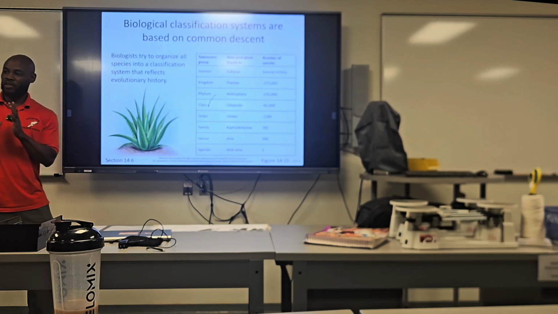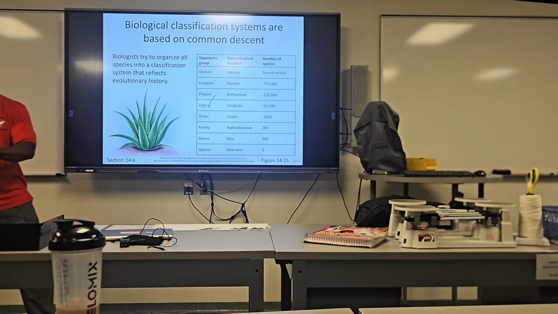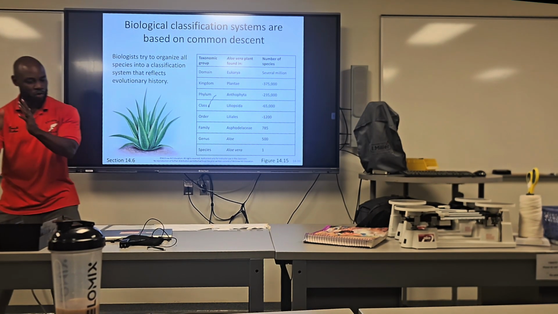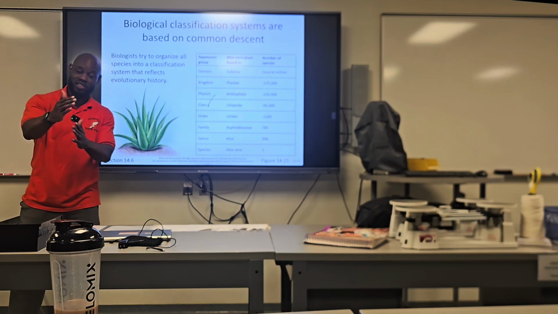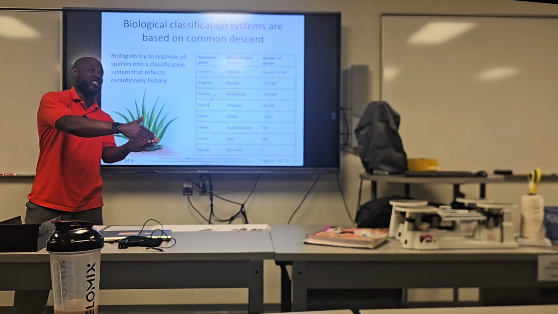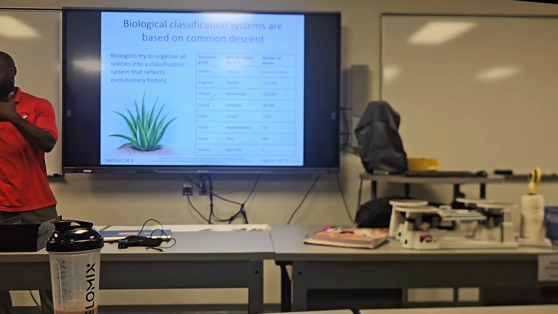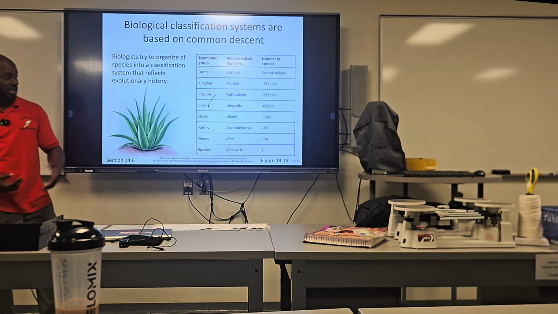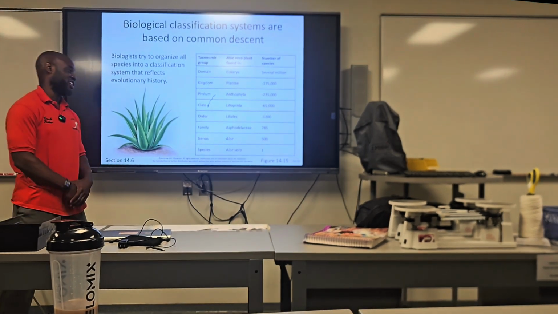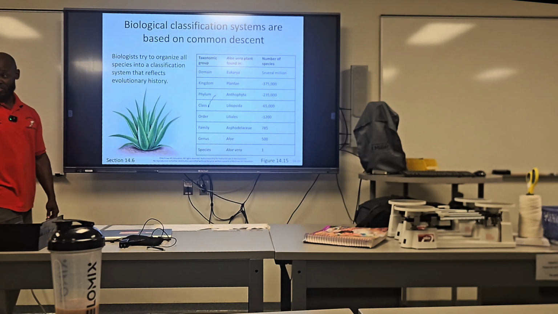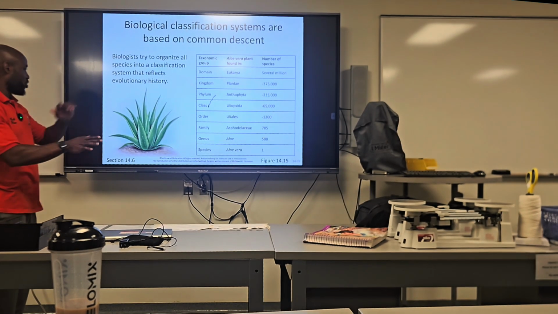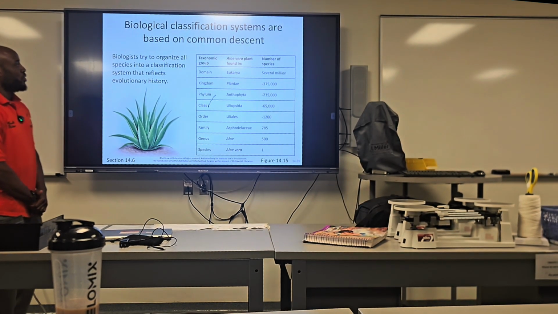So not only do we want to know what a species is now, but how species are connected to other species, what their potential common ancestor is, and how they maybe evolved and separated over time. These are things that biologists and paleontologists like to study, and all of that information works together.